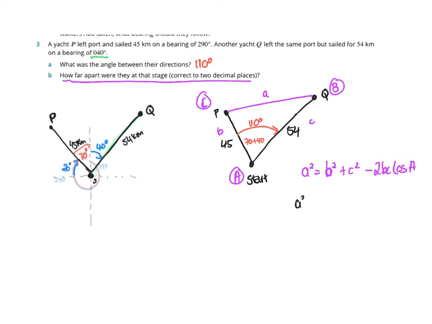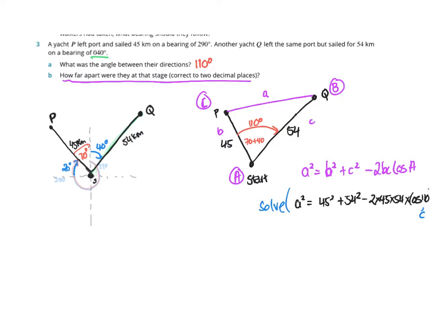A is what I want to know. b I know is 45, so 45 squared plus 54 squared minus 2 times 45 times 54 times cos 110. And then you can just do solve on that, comma a.